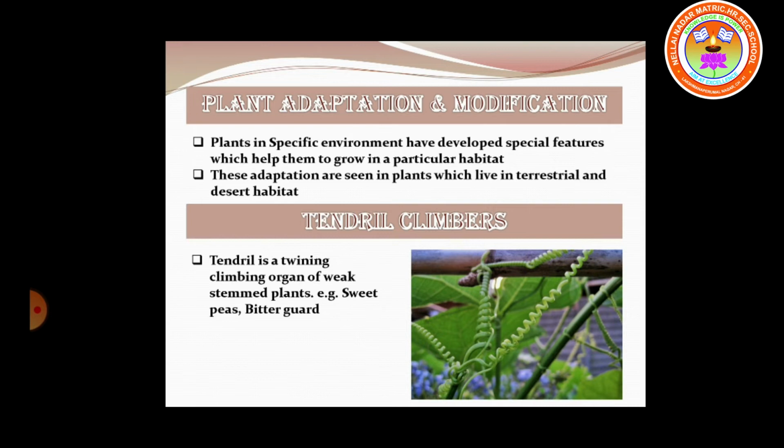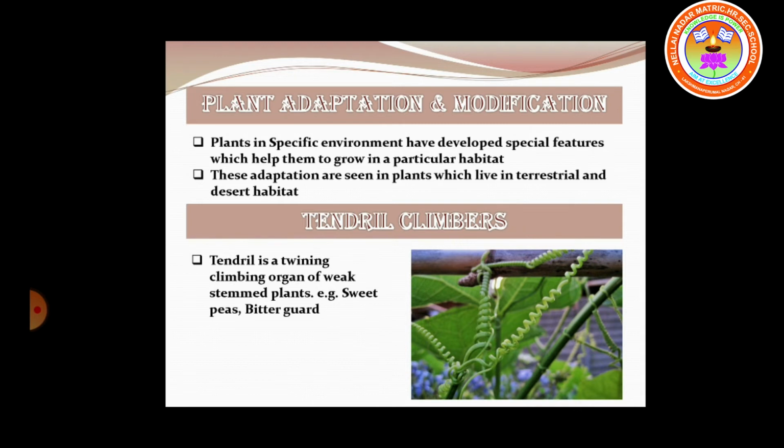Where can you see this type of plants? You can see these types of adaptations in plants which live in terrestrial and desert habitats. Are you clear? Now, let us move on to tendril climbers. What are tendril climbers?